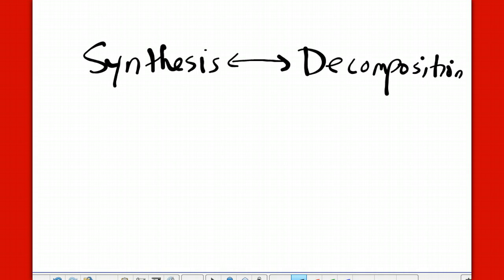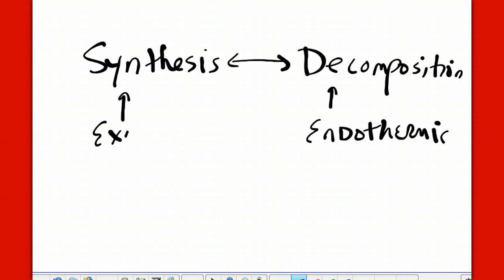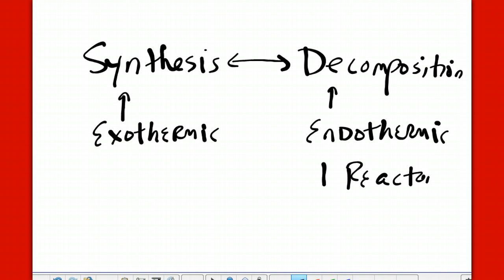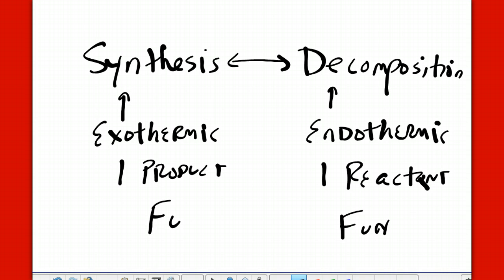A decomposition reaction is endothermic, and a synthesis reaction is exothermic. A decomposition reaction, you start with one reactant only, and a synthesis reaction, you end up with only one product. A decomposition reaction is fun, and a synthesis reaction is funner.